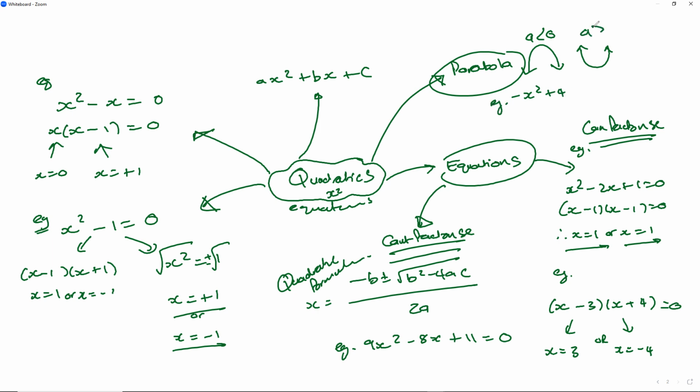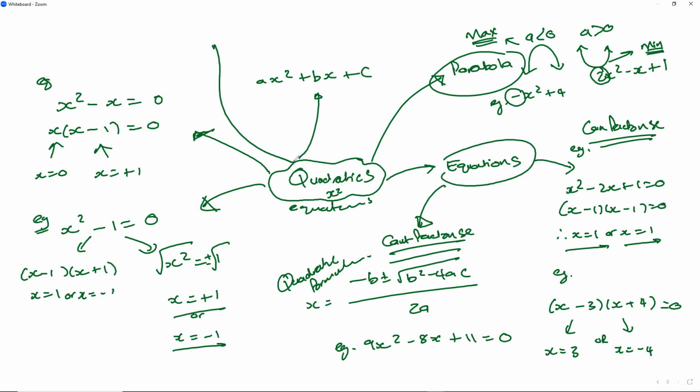And when a is greater than 0, like let's say 2x squared minus x plus 1, then it would be a smiley face. When it's sad, it has a maximum. And when it is smiley, it has a minimum value, and that's the lowest value that it can get to.